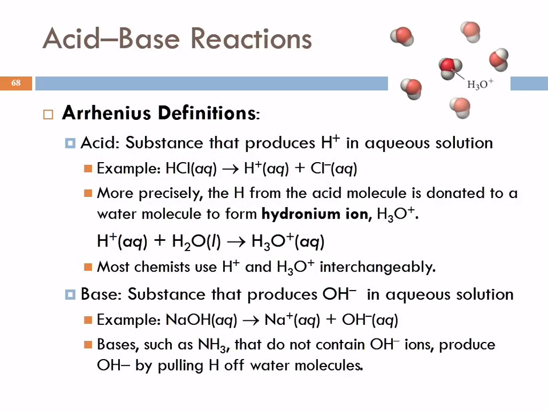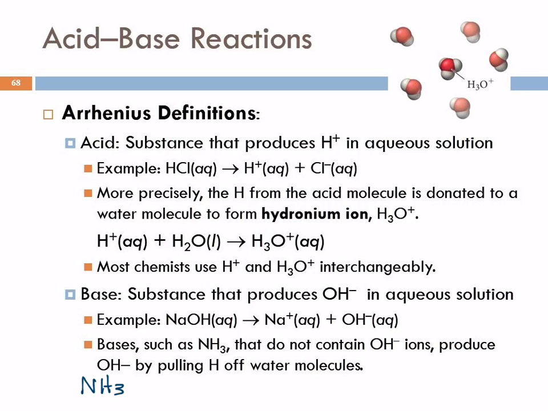There are other substances such as ammonia, NH3, that act as bases, but they do not contain hydroxide ions. And what happens with the ammonia is it actually pulls a hydrogen ion off of the water. Let me just write that in here real quick.